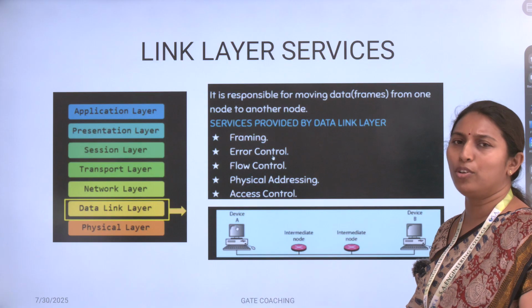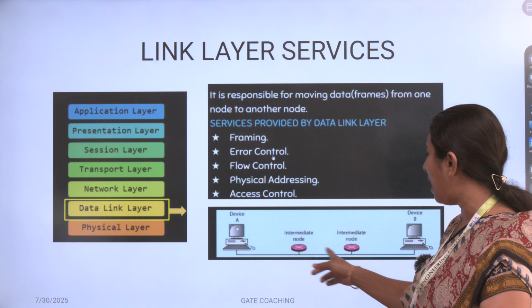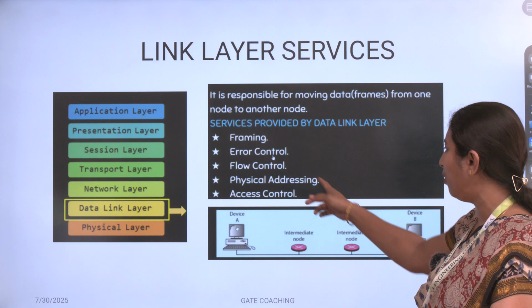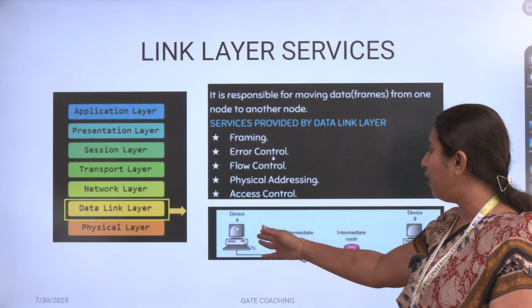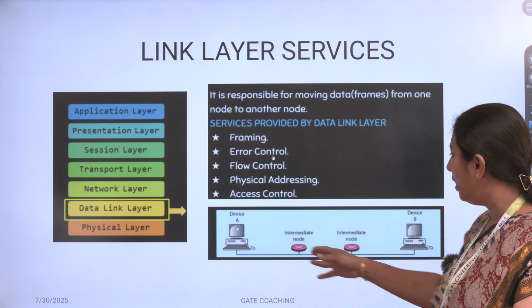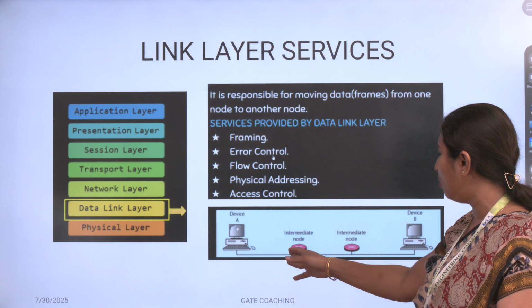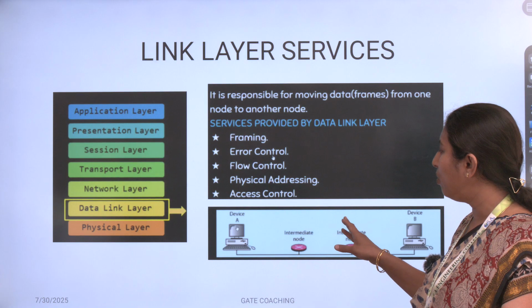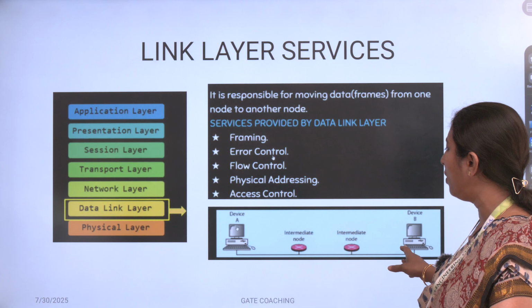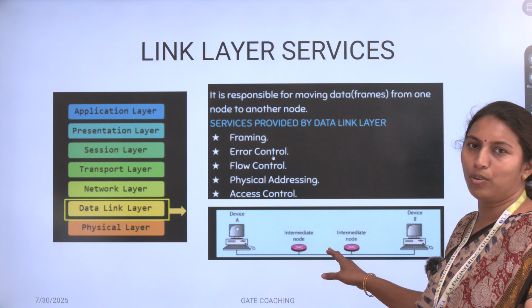Before we go into flow control, we should know what flow control is about. We can have this particular representation to understand it. If you are going to transfer data from device A to device B through some medium, the control of the data is very important.